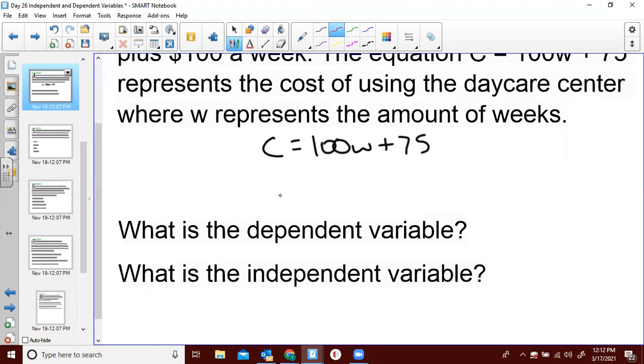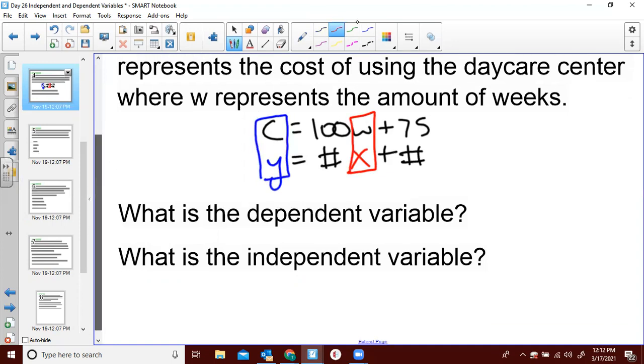Well, we know that we're going to have Y equals a number times our X plus another number, and what we're really focused on here is this Y and this X. Our dependent variable is actually C, which is going to be our cost.